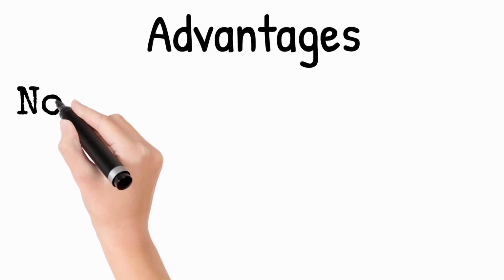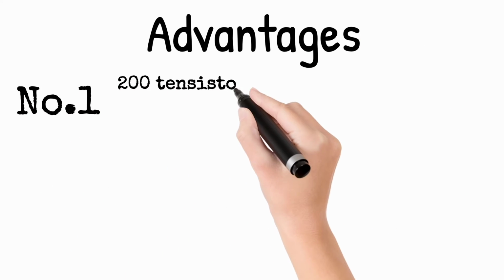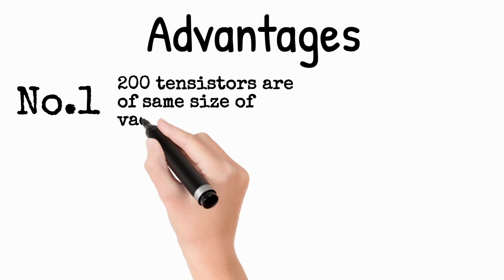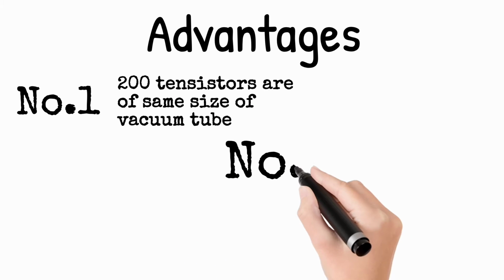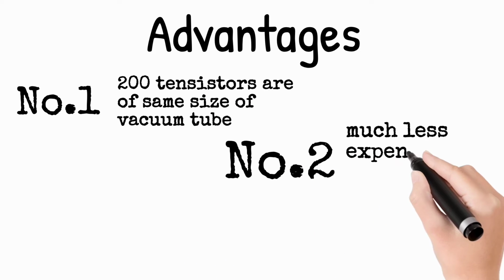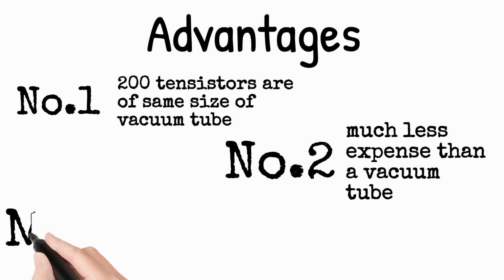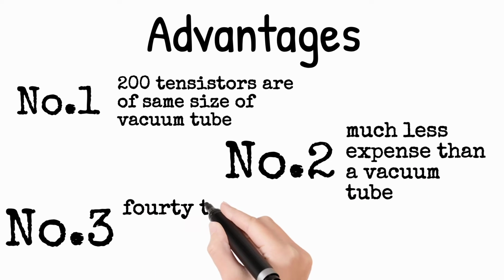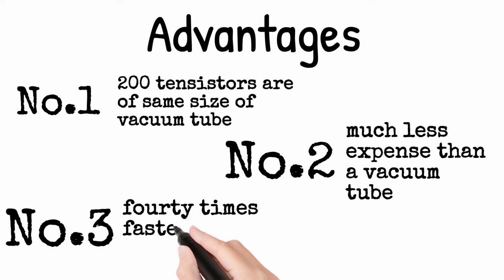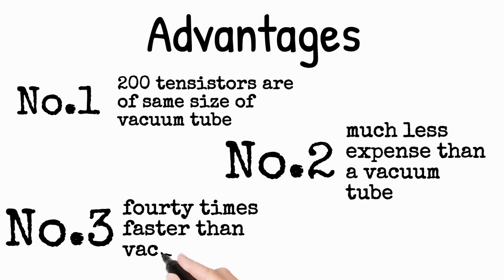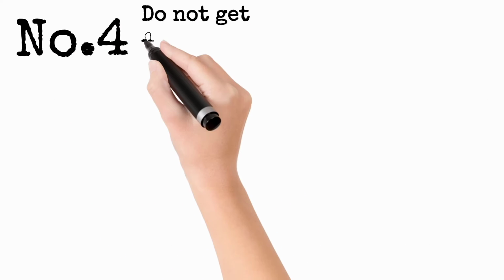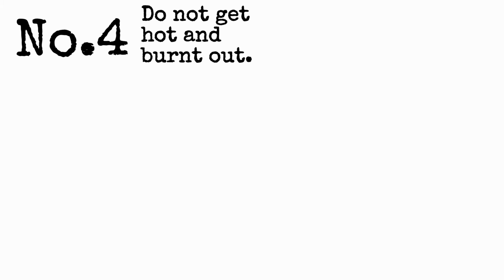Number 1: 200 transistors are about the same size as one vacuum tube in a computer. Number 2: much less expense than a vacuum tube. Number 3: a transistor can work 40 times faster than a vacuum tube. Number 4: they do not get hot and burn out like the vacuum tube.